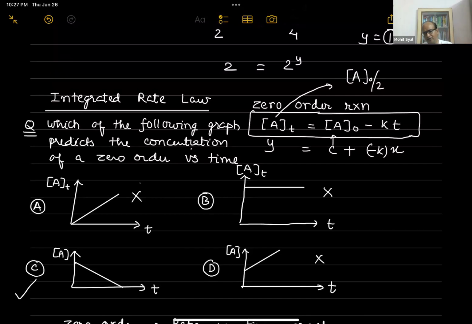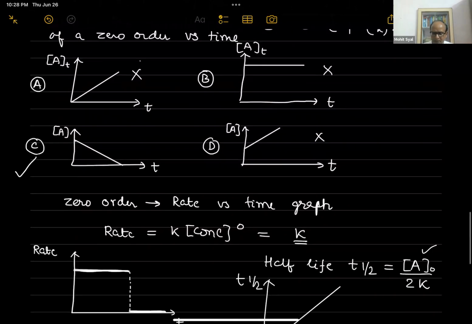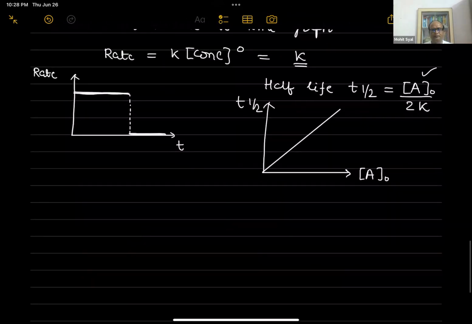Clear? And this is going to be A naught by 2k. So this, I hope, is clear to everyone. Integrated rate law.